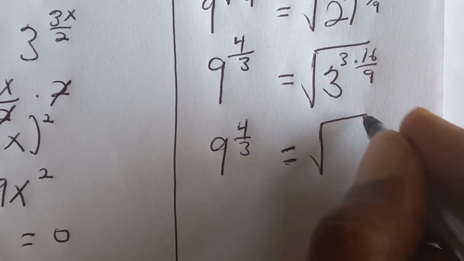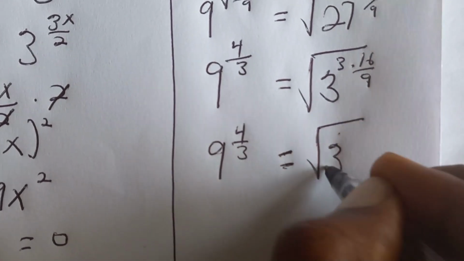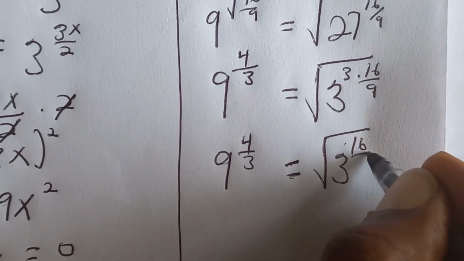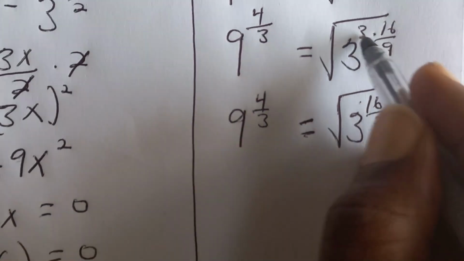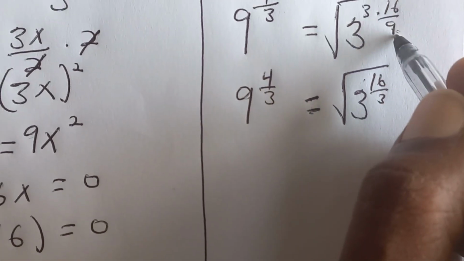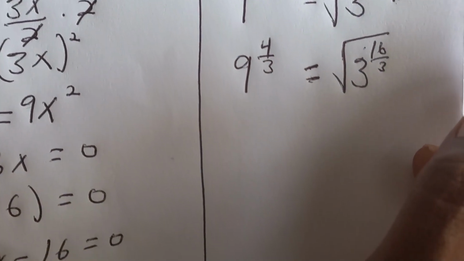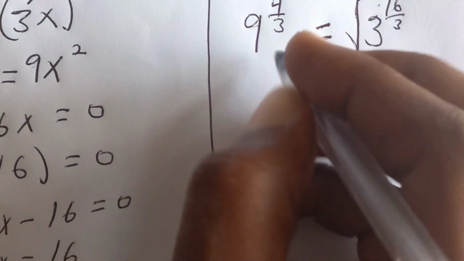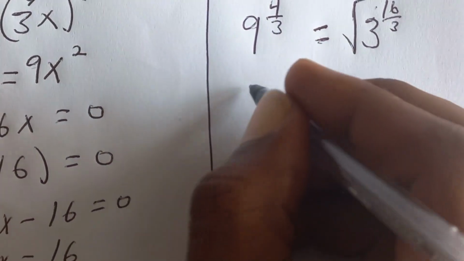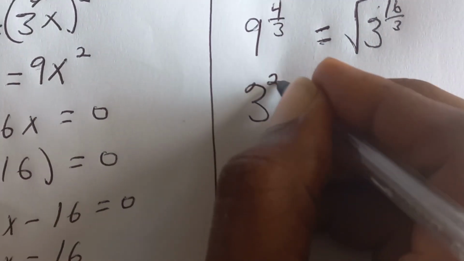root 3 exponent 16 on 3, okay? Because of this goes here 3 times, okay? So now, don't forget 9, we can express this as 3 exponent 2, okay?